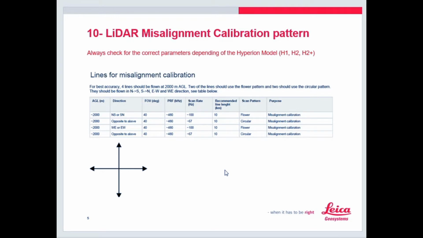Basically, the misalignment consists of 4 lines, so across, flown in both directions. Each line will be flown once with circle pattern, once with flower pattern, and the same in the cross. You will see flower, circle, flower, circle.